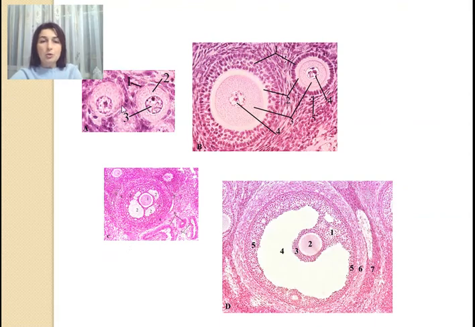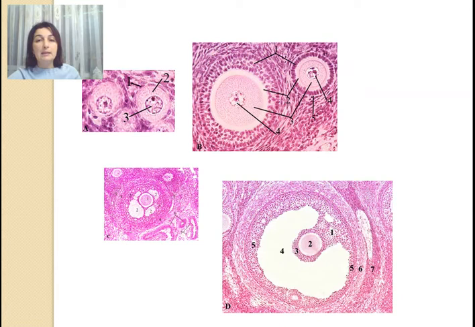How can we distinguish the primordial follicle from the primary and so on? Actually, we have to remember the embryology material which we studied: the process of oogenesis starts in embryonic life at approximately 6 to 7 weeks of gestation, and primary sexual cells develop inside the wall of the yolk sac.